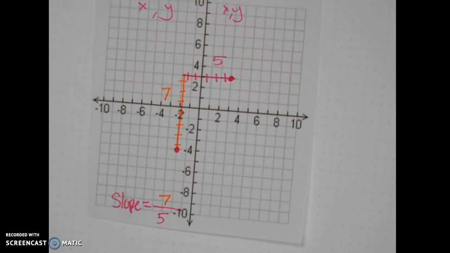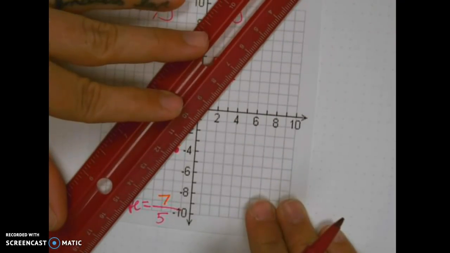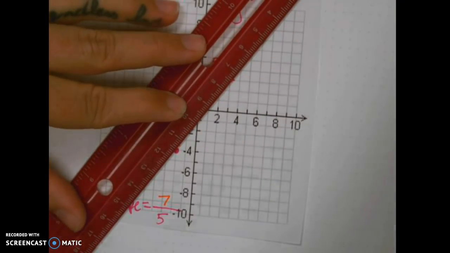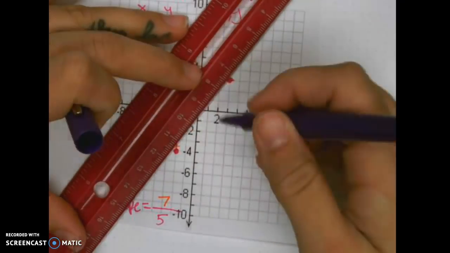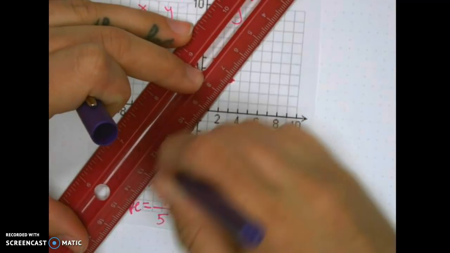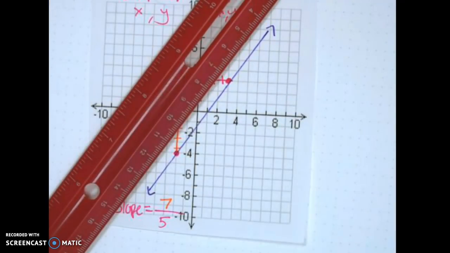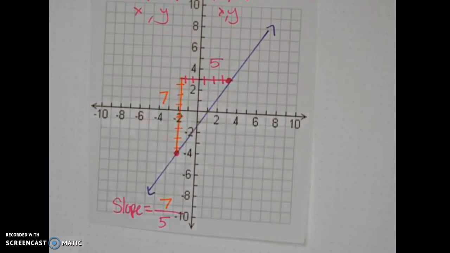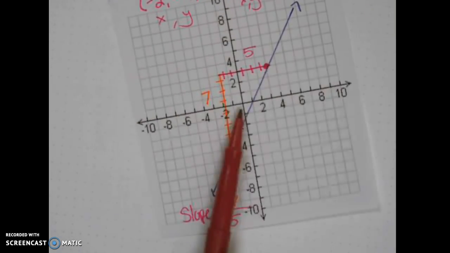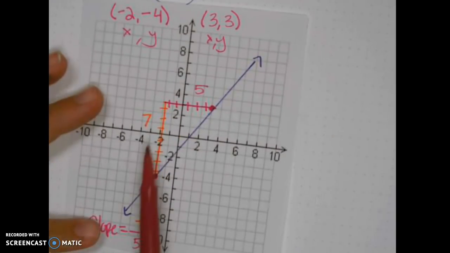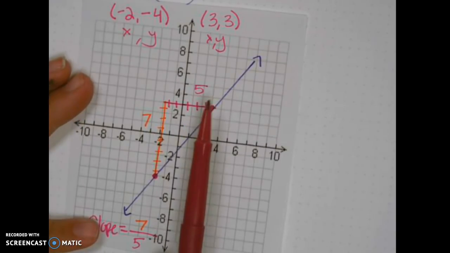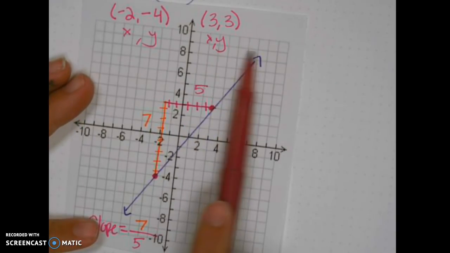So if I draw my line, I can see that from one point to another, it'll be up 7 over 5. Oops. Up 7 over 5. So that means up 7 and over 5 would be the next point.